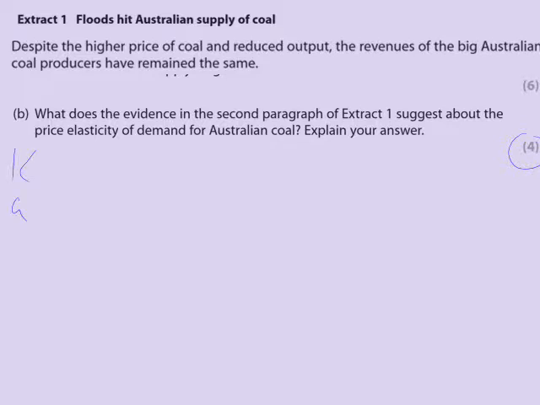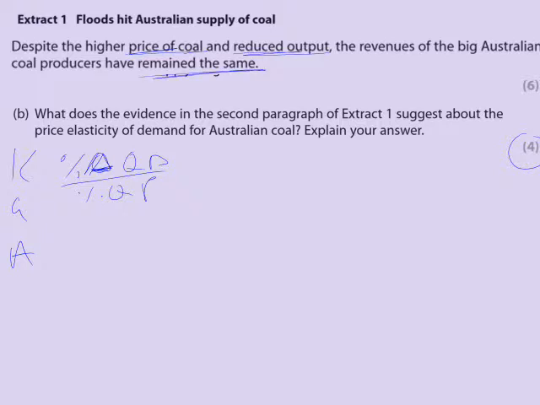Again, KAA. Again, quick definition, percentage change in quantity demanded over percentage change in price. It says, despite the higher price of coal and reduced output, the revenues of big Australian producers have remained the same.